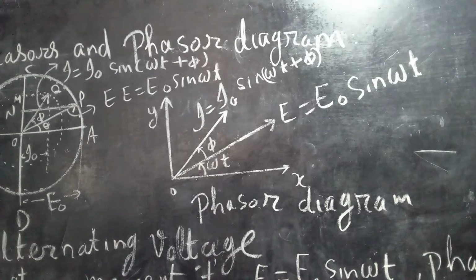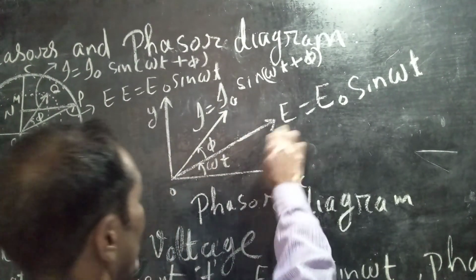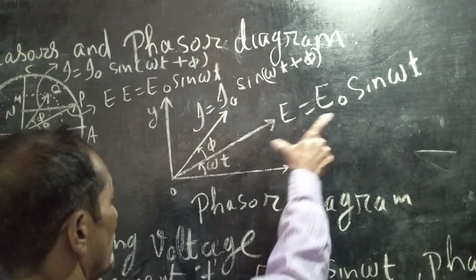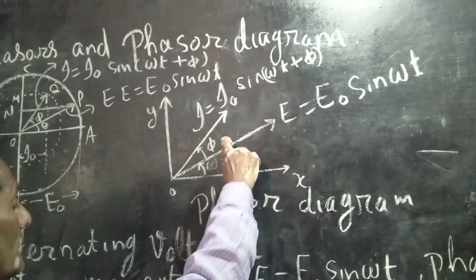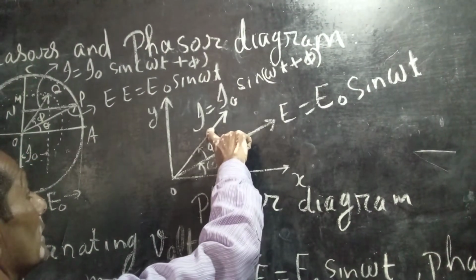This is the definition. Here current and voltage are not in the same phase. The phase of voltage is omega t, and the phase of current is omega t plus phi.